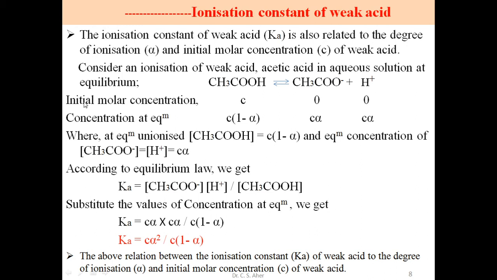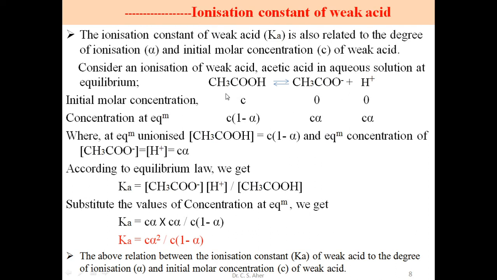Initially there is only acetic acid, there is no ionization, so we have zero concentration of the products. At equilibrium, when this reaction reaches equilibrium, this acetic acid dissociates to form acetate ion and H plus. Suppose C is the initial concentration and alpha is the degree of ionization of acetic acid. So the acetate ion produced is C alpha. The proton produced is C alpha, the same molar concentration.